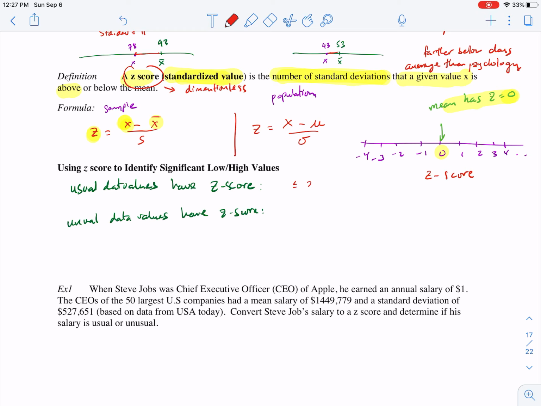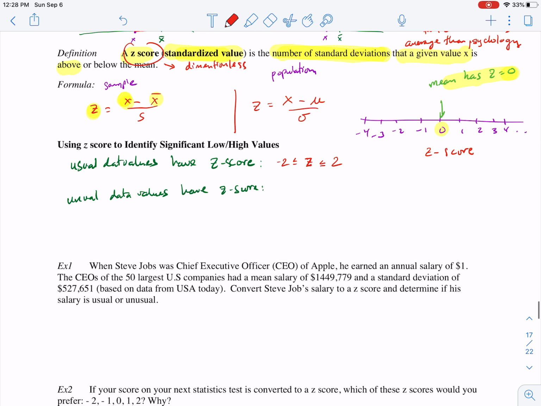So the data values that are usual have Z-score between -2 and 2, right? Because Z-score represents the number of standard deviations below or above the mean, and data values that are unusual have a Z-score that is less than -2 or greater than 2, right?